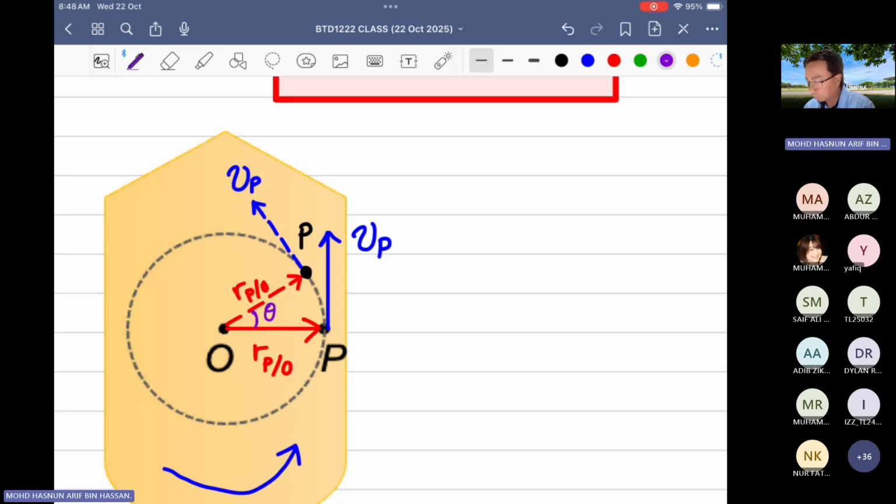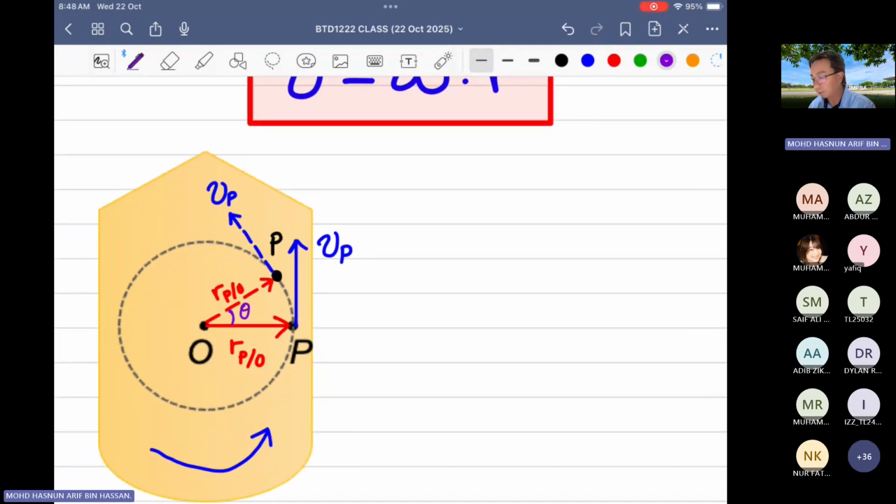If you remember in mathematics, you have learned something called a sector.